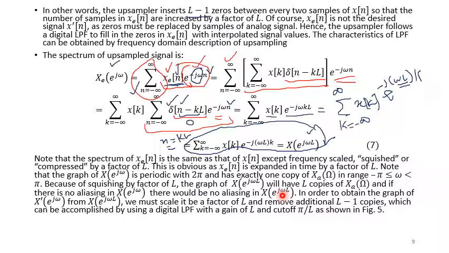In order to obtain the graph of X prime from X of e^(j omega L), we must scale it by a factor of L and remove the additional L minus 1 copies. This can be accomplished by using a digital low pass filter with a gain of L and a cutoff frequency as shown in figure 5, which is on the next slide.